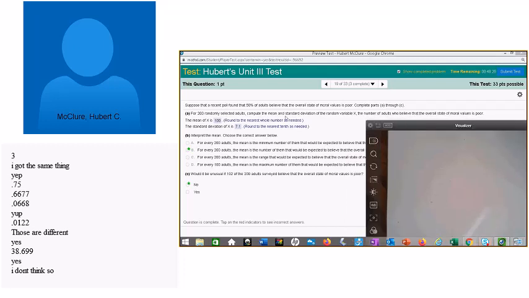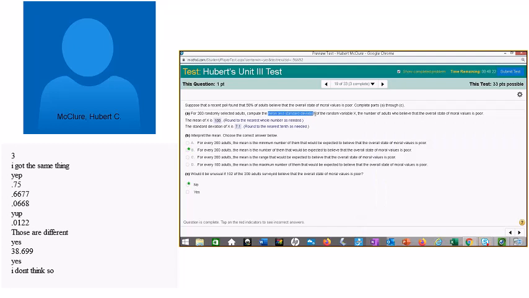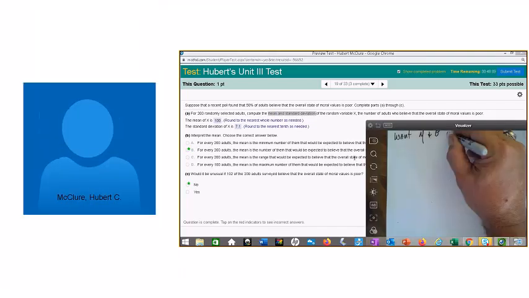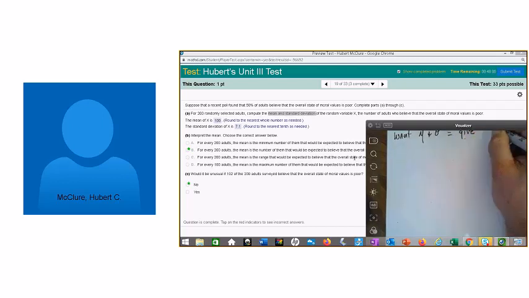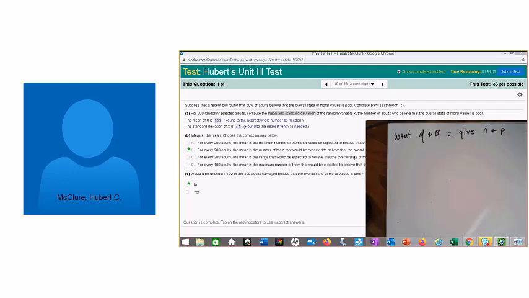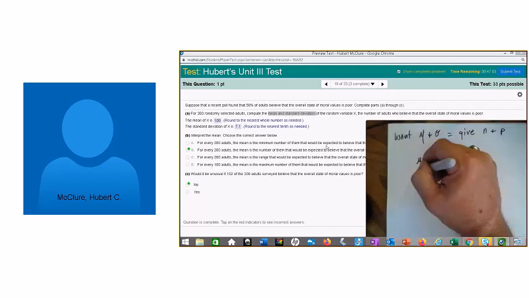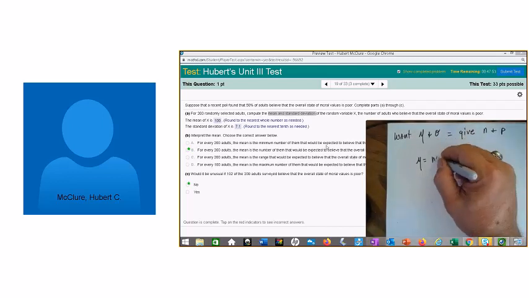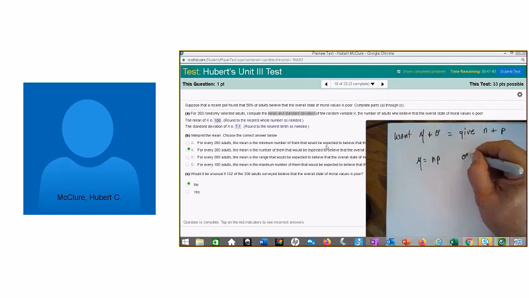It says they want the mean and the standard deviation, and they only give you N and P. So therefore, you're going to use mean is equal to NP, and standard deviation is equal to the square root of NPQ.